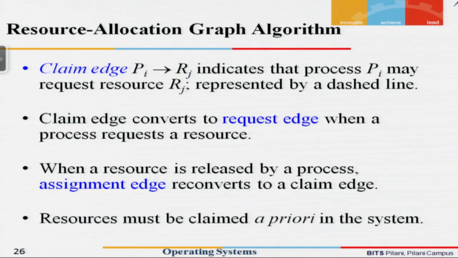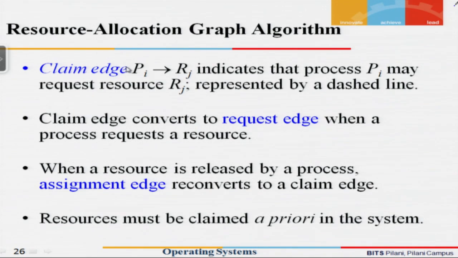So we define different kinds of edges. The first kind of edge we call a claim edge. So if the ith process is trying to indicate that it may request a resource Rj, this is indicated as a claim. This is an intent. Please understand we are defining various things. One is a claim edge.